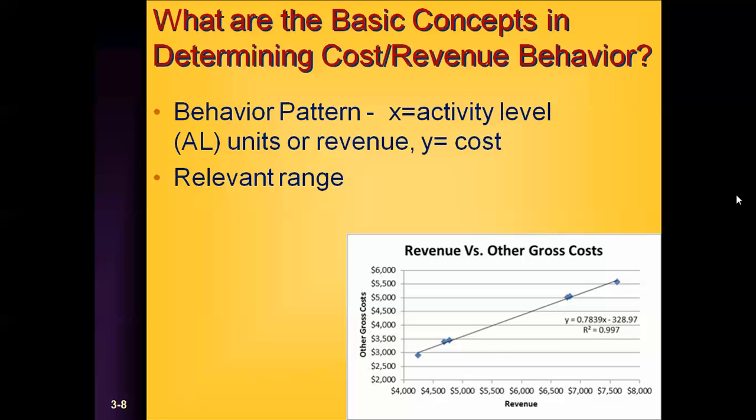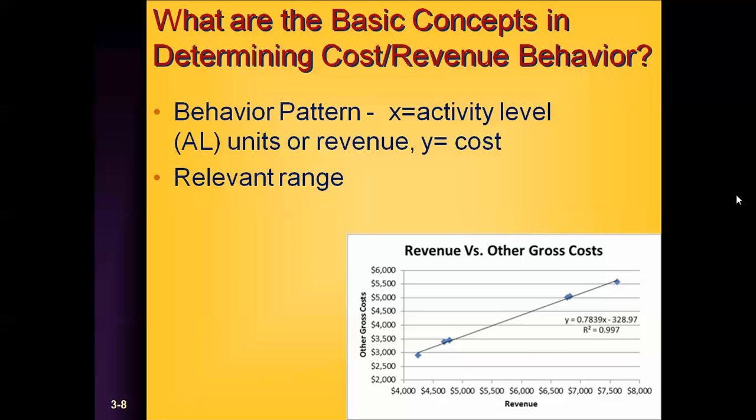And typically the other concept here is the concept of relevant range. By relevant range, we specifically mean when you want to establish a relationship between revenue and costs, you want to pick a range that is most likely indicative of your particular business.